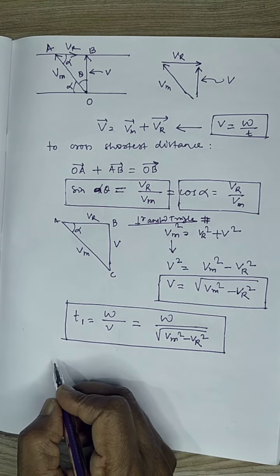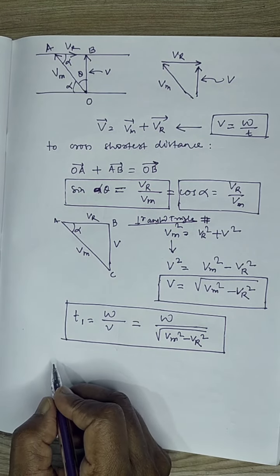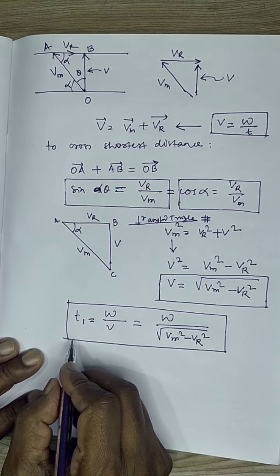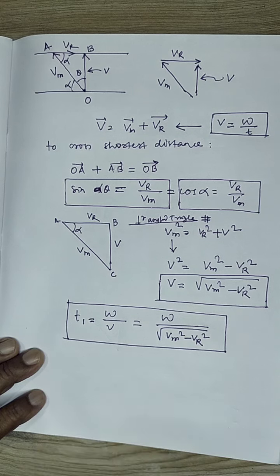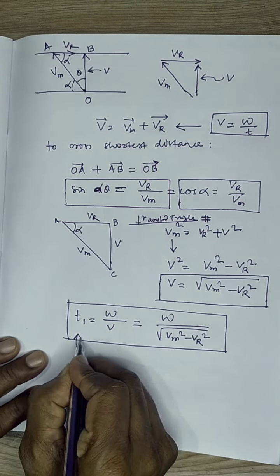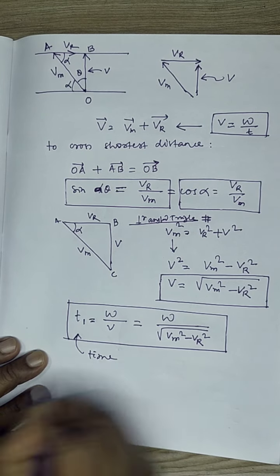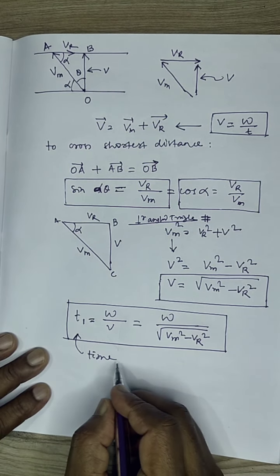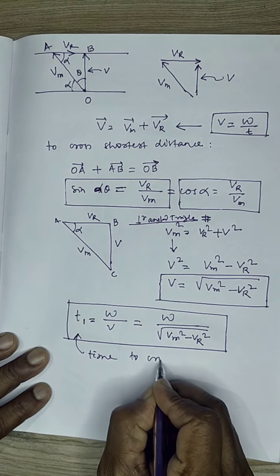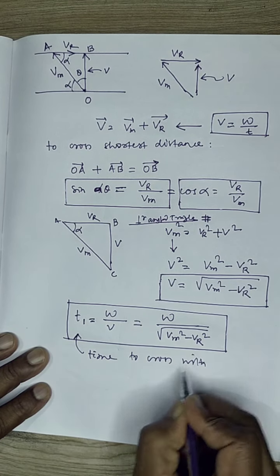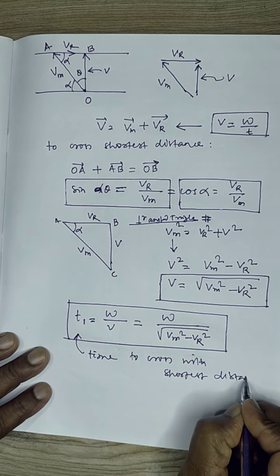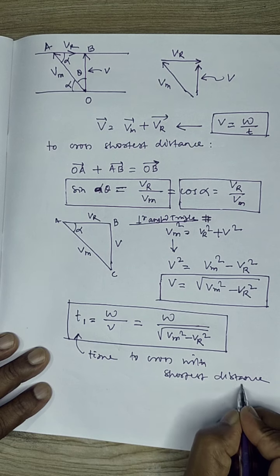This is the time it will take to cross with shortest distance. That means the swimmer or the boat will take this time to cross with shortest distance. Shortest distance is our W.